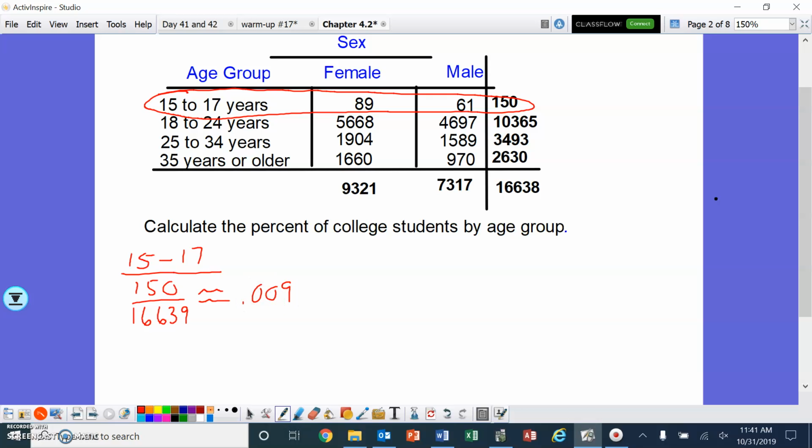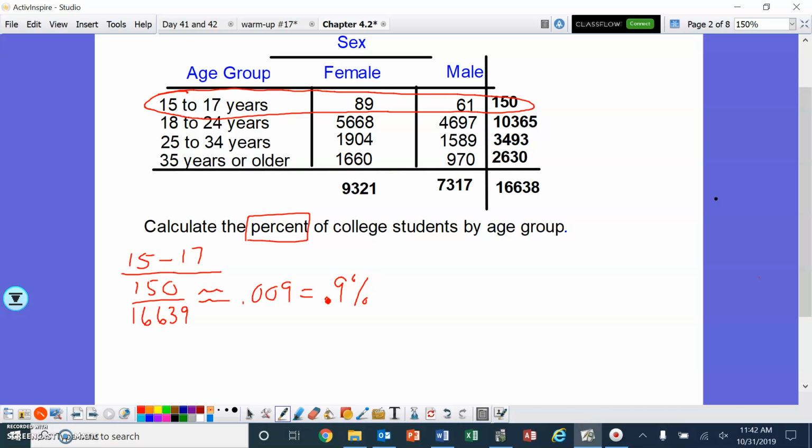Now, if we change that to a percent, remember, multiply that by 100, so this would be 0.9%. Okay, that is less than 1%. So less than 1% of students go to college that are 15 to 17. There are some, but not that many.